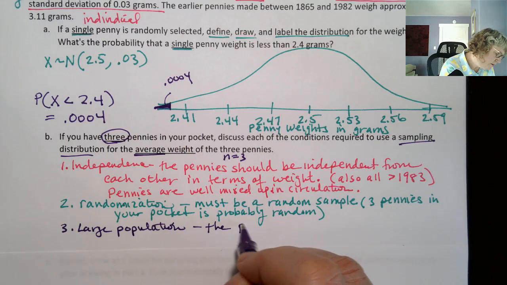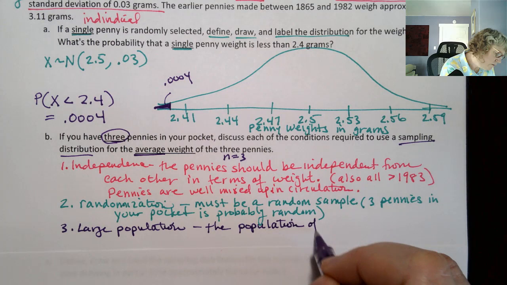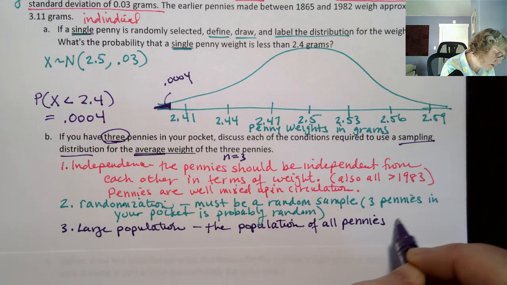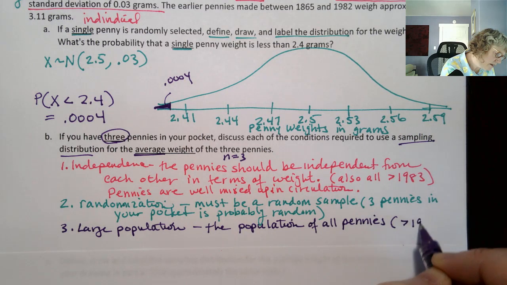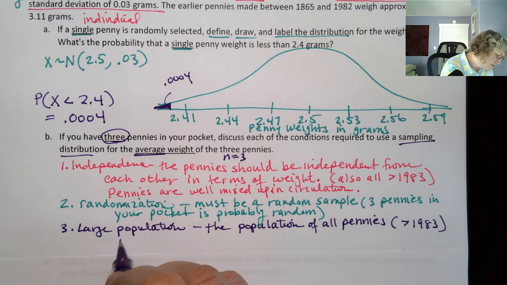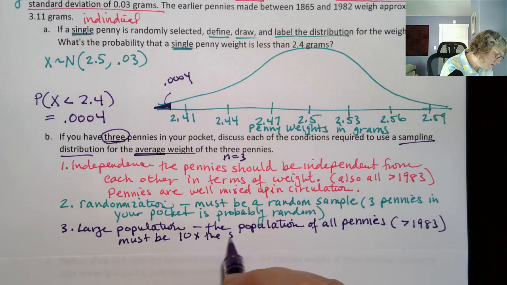The population of all pennies, at least since 1983, must be 10 times the sample size.